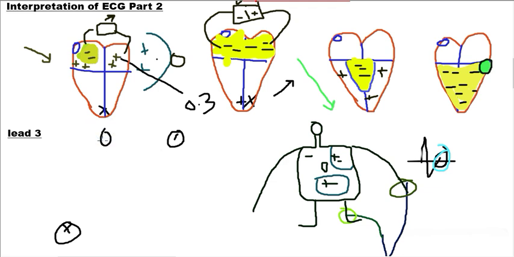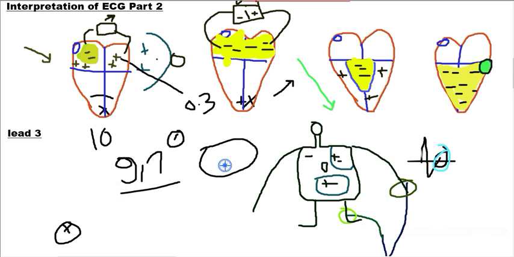The difference of the voltage between this and this region will show whether it will be deflected to the positive side or the negative side. As the difference is 10 minus 0.3, it will be approximately plus 9.7, and plus 9.7 shows that lead 3 will also be deflected in the positive direction.